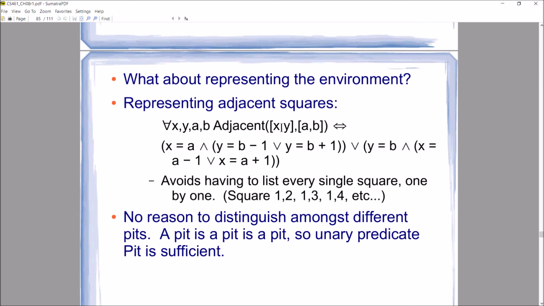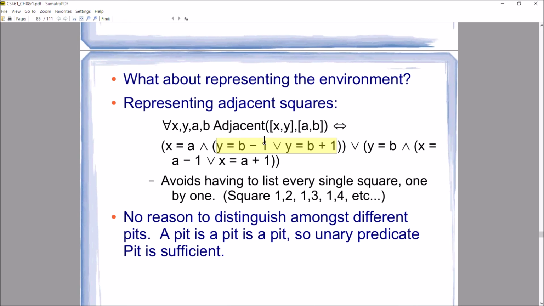So they're adjacent only if x and a are the same. You can imagine x is 1. Well, if a is 1, then this part's satisfied. And you can imagine, what if y is 2 and b is 3? Then this part would be satisfied. So that's one example of them being adjacent.